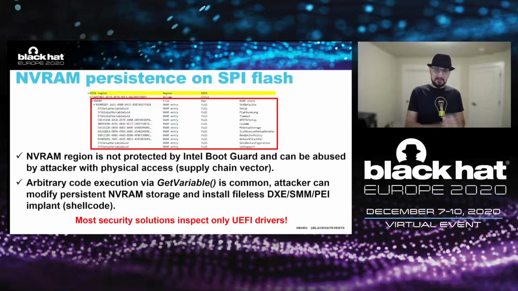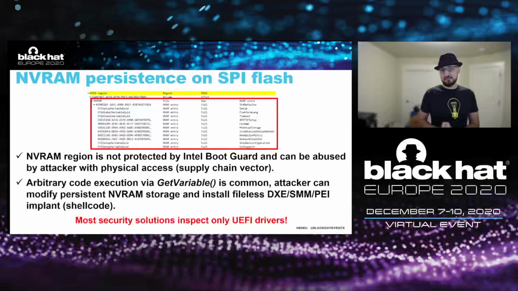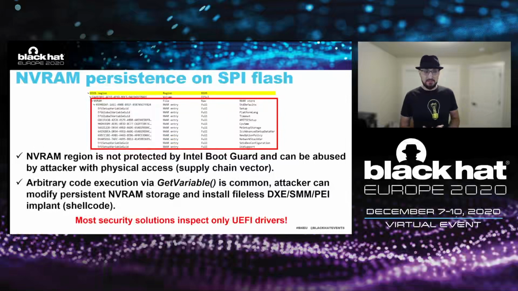In this storage, we have enough variables to create a dangerous attack surface. What is interesting is that these regions with NVRAM persistent storage aren't covered by Intel Boot Guard and can be abused by an attacker with physical access, which makes a very dangerous supply chain attack vector.